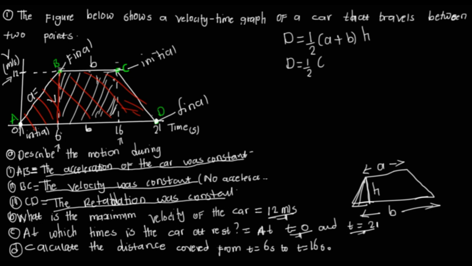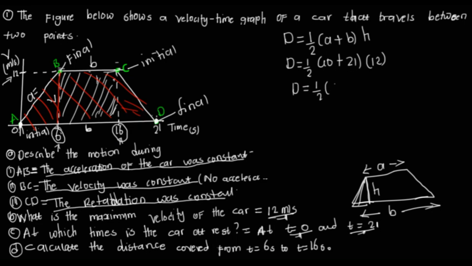If we move from B down here, we reach the point where there is 6, and D. So we are going to find the difference between 16 and 6, which is 10, plus b. The b is just the distance from point A up to D, which is 21. Then multiply by the height, which is 12.